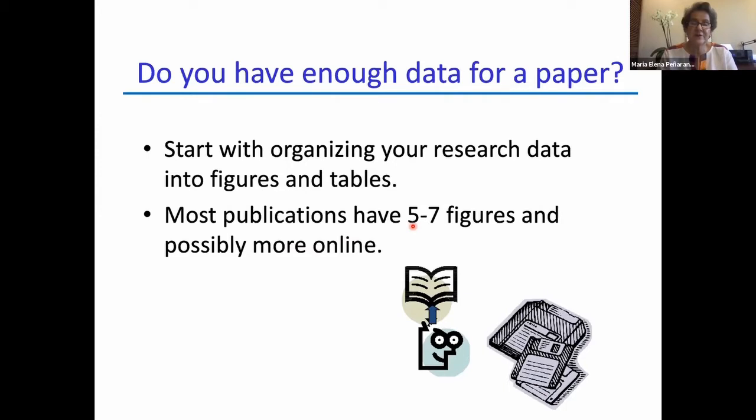Tables and figures, you should have 5 to 7. You don't want to overwhelm the reader with 10, 20 figures. It gets too heavy and too difficult to read, and perhaps you have enough for 2 articles then if you have so much data.